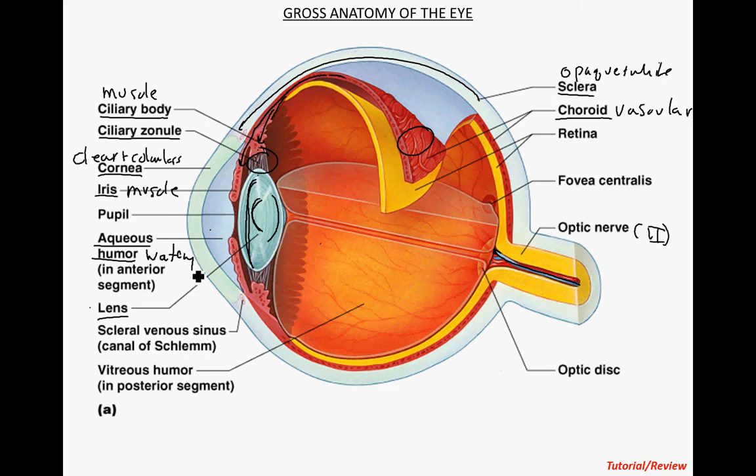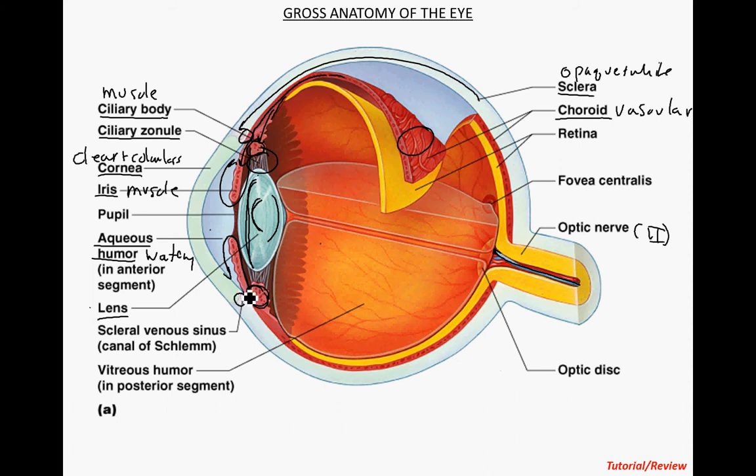It is produced by specialized cells around the ciliary body. That aqueous humor is produced, and it will move between the lens and come out the opening of the iris, and will be circulated around the eye, and then it's going to drain out of little canals here.